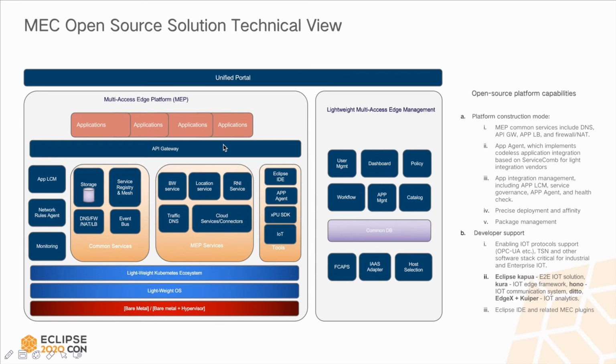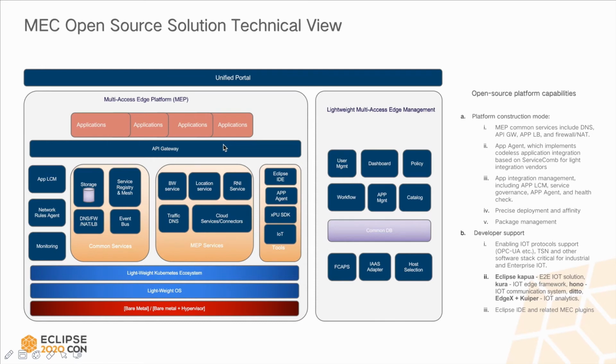As we can see from this graph, let's start from left to right, start from the MEP, from bottom to up. So basically, we will support different kinds of hardware and support lightweight OS and lightweight Kubernetes ecosystem software.